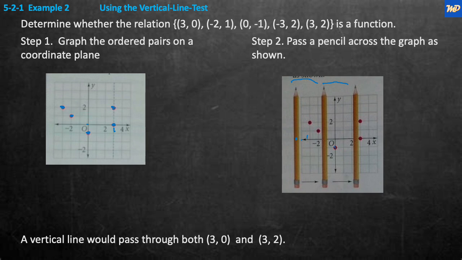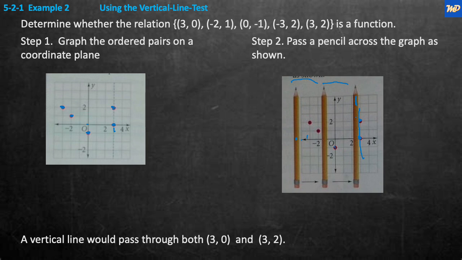You get to X equals 3, and you get right here Y equals 0, and X equals 3 and Y equals 2. So that pencil right here, this pencil right now is going to cross those two dots at the same time. That means this is not a function because it crossed more than one dot.